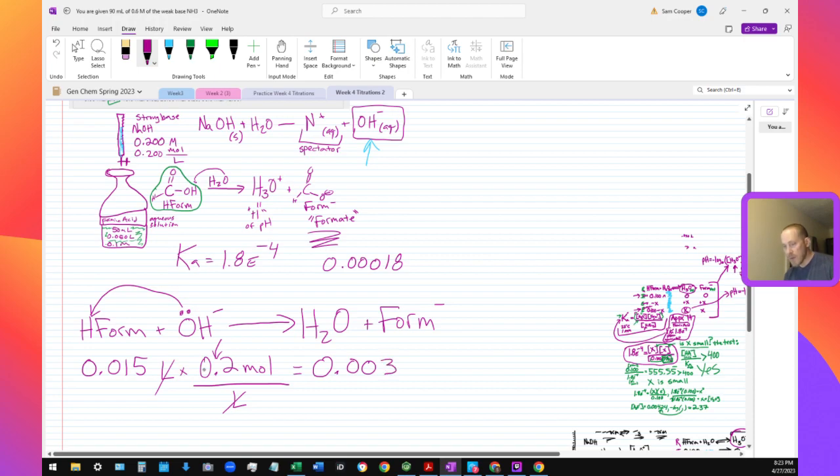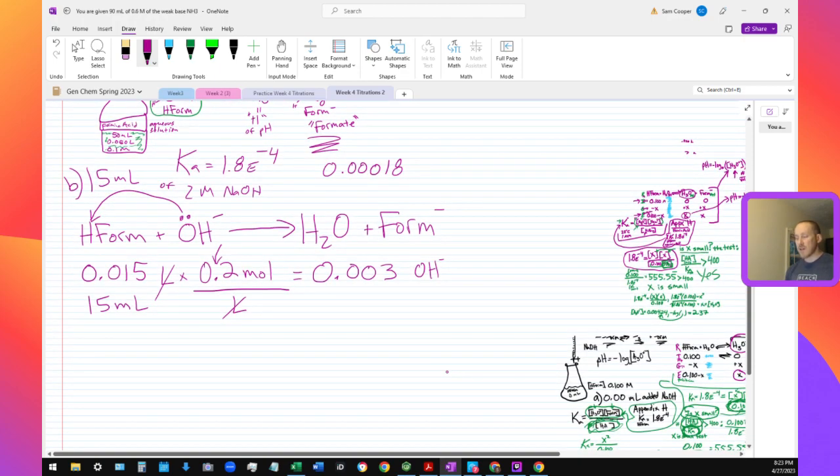So when we drip in our 15 milliliters, part B, when we drip in the 15 milliliters of 0.2 molar NaOH, we're introducing essentially this many moles of OH minus.